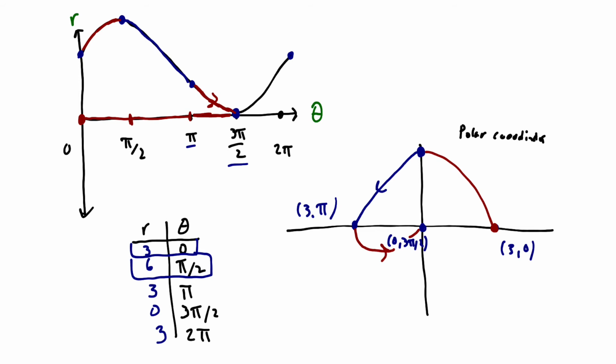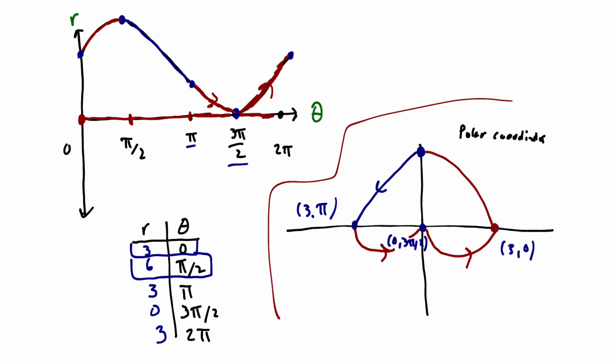Then, from 3 pi divided by 2 to 2 pi, again, our r increases from 0 to 3. So our graph in polar coordinates will look approximately like this graph over here.